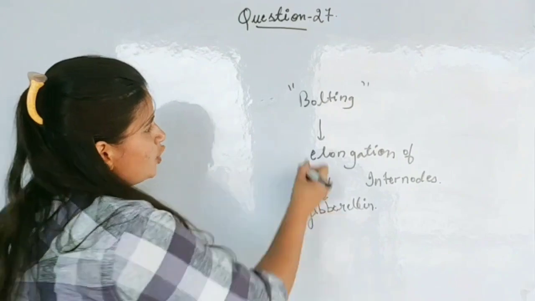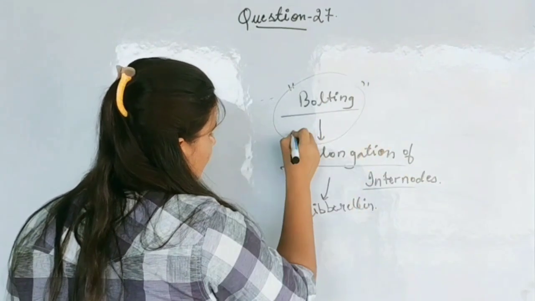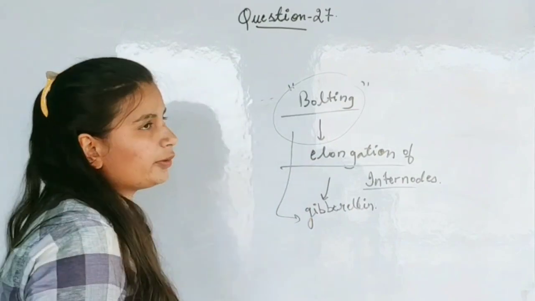Okay students, so bolting here means elongation of internodes, and this bolting is supported by the hormone named gibberellin.